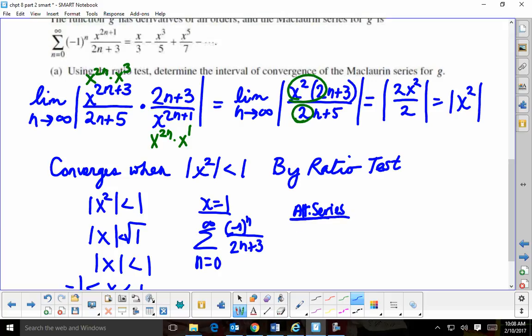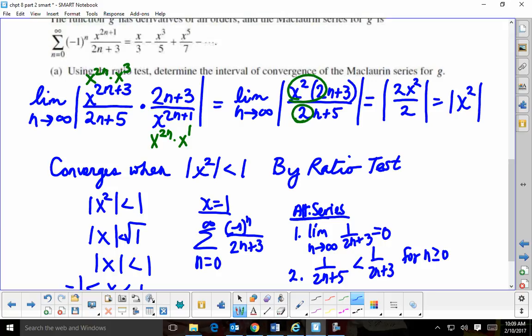Alternating series. So I got it to converge at 1 by the alternating series test, because 1 to that 2n plus 1 just goes to 1.